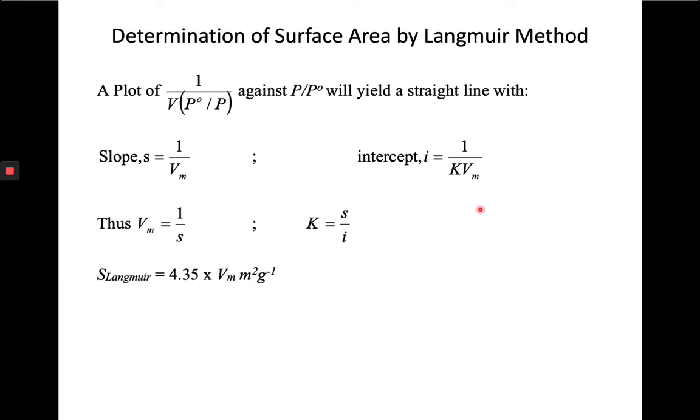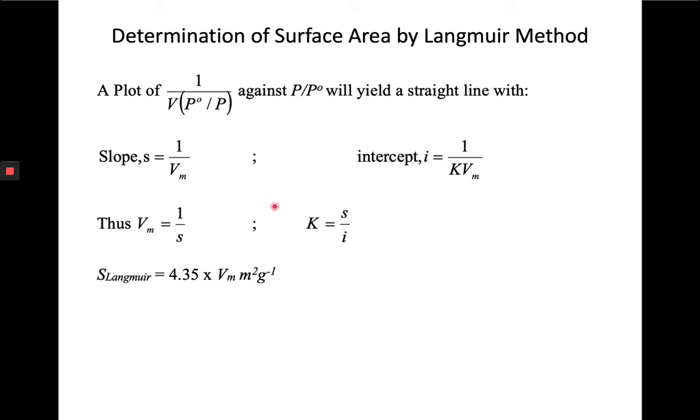Then, same as BET, this is a linear equation. So, plot 1 over V times P naught over P versus P over P naught. We get a straight line graph, in which the slope S equals 1 over Vm and the intercept I equals 1 over KVm.